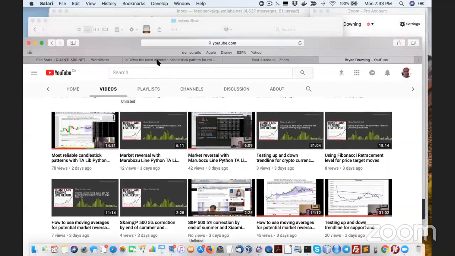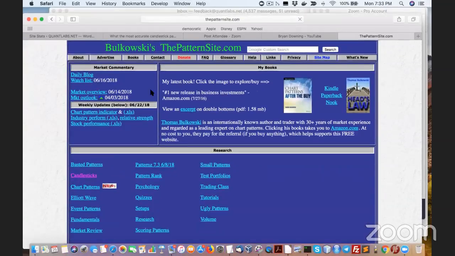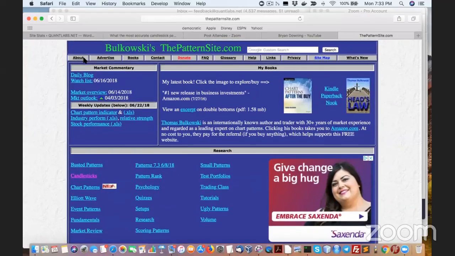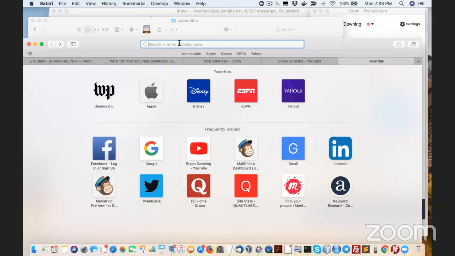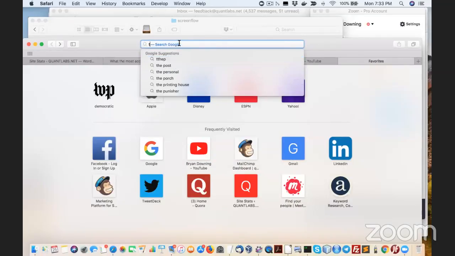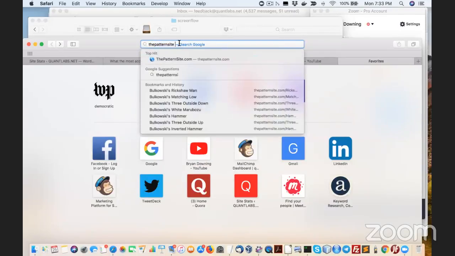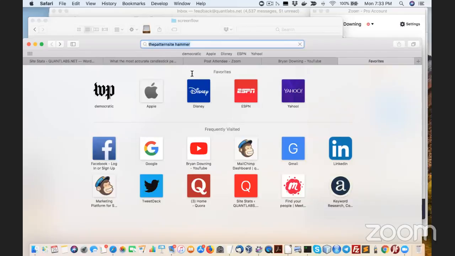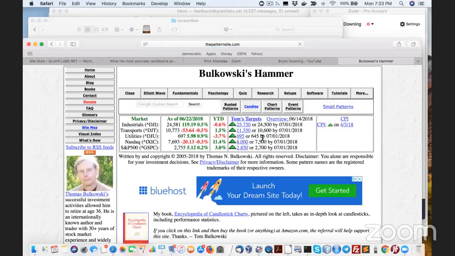Now, fortunately, there is a site called thepatternsite.com. And what he does, let me do a better search than that. The pattern site, I'll just bring up a pattern like the hammer or something. Okay, so I'm going to load up this hammer candlestick pattern.